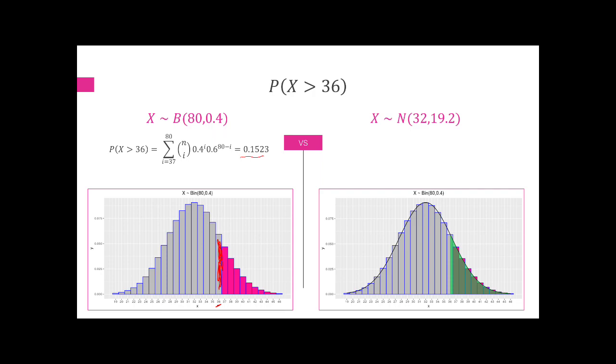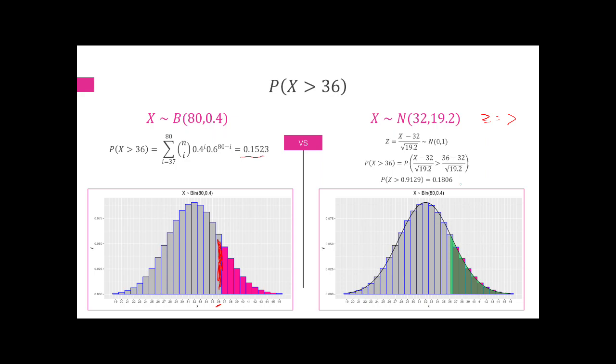In the normal case, because we're using a continuous distribution, greater than or equal to and greater than are equivalent when we calculate probability. So we're not going to get anything different. We standardize it in exactly the same way, and we get the exact same answer of 0.1806.